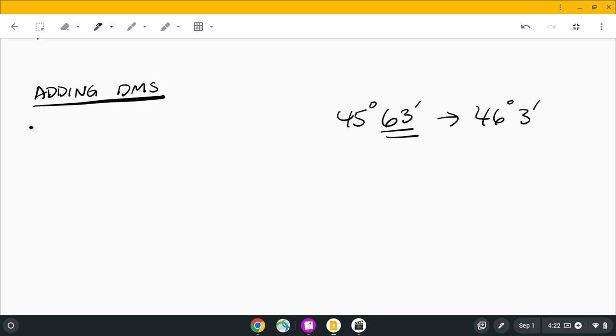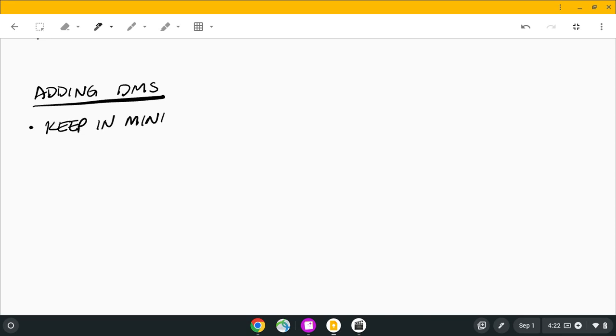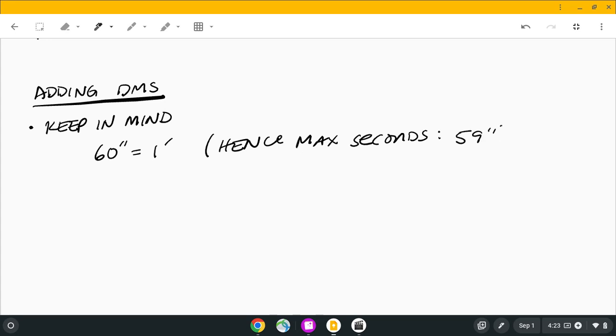So keep in mind that 60 seconds equals 1 minute, hence the max seconds is going to be 59.